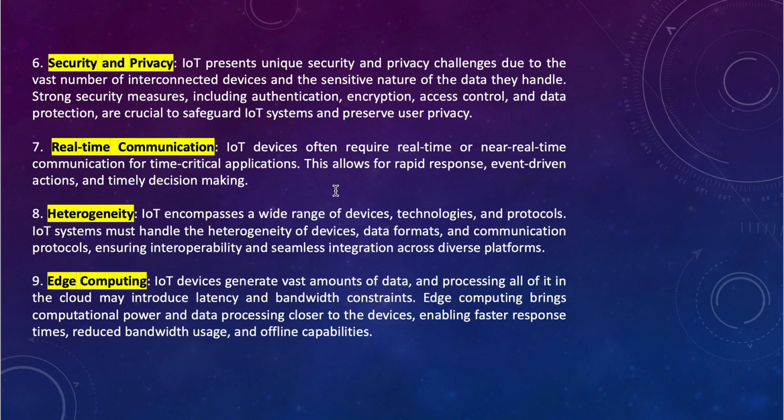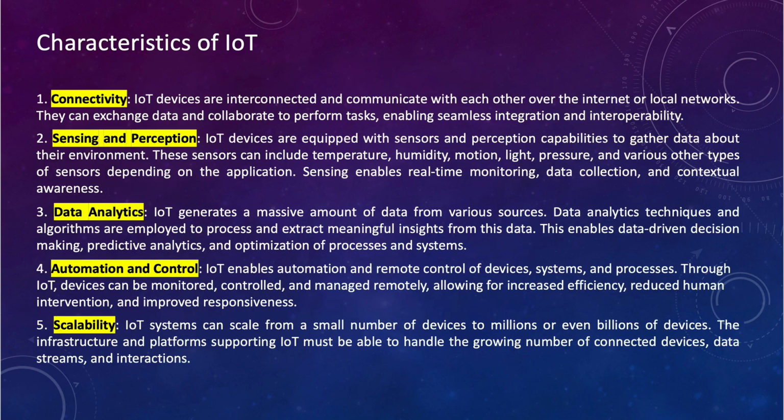So, to facilitate real-time communication, you need enough network bandwidth, network support, and network infrastructure. Real-time communication is a part of IoT, right? It could come as a subcategory of connectivity.